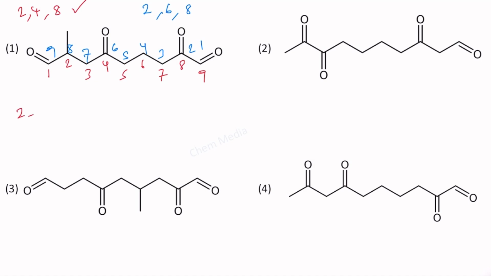Therefore 2-methyl, we need to mention the methyl substituent first because as per alphabetical order M comes first, and then 4, 8-dioxo, and then we have 9 carbon atoms in the parent chain and therefore non.